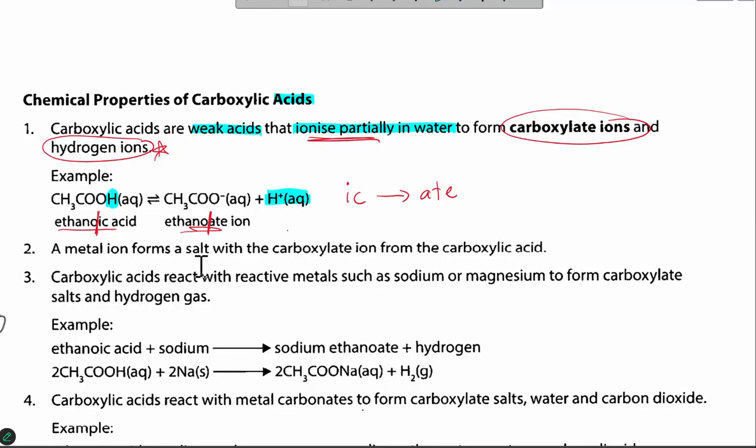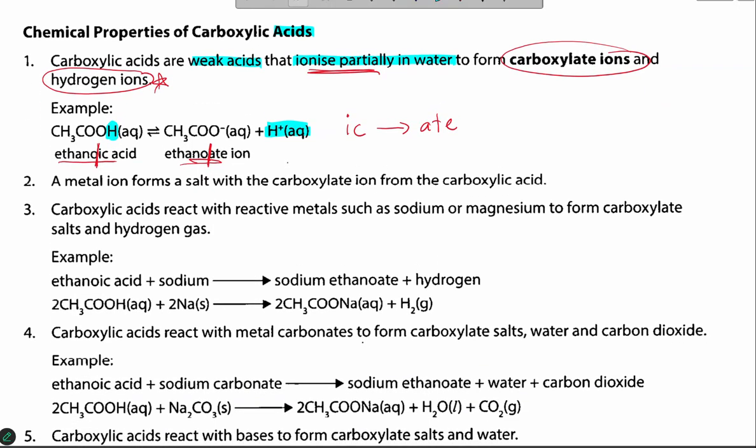So a metal ion forms a salt with carboxylate from the carboxylic acid. For example, ethanoic acid, IC acid, changes to ethanoate. And the salt is always metal first, followed by the name of the acid. Remember, if it is sulfuric acid, it turns to sulfate, right?